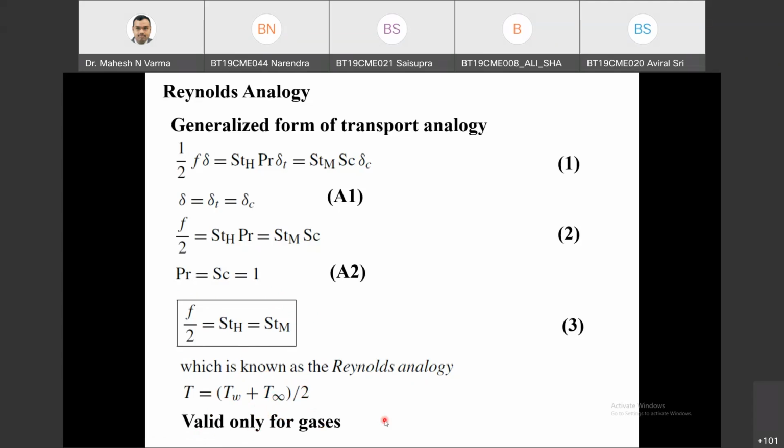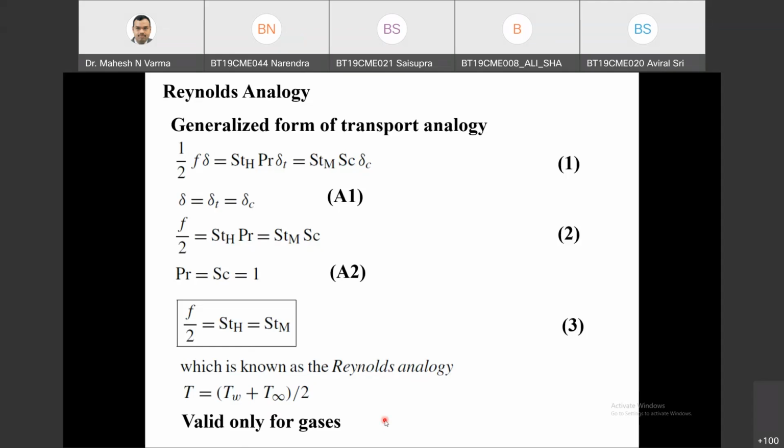Just knowing the analogy is not important. Now you know the Reynolds analogy, it doesn't mean that whatever calculation you are expert in for heat transfer, you can now do whatever you want in momentum transfer also. With the analogy you should know its limitations also, and that limitation comes from the limitation of the experimentation the researcher did, based on which observation he gave that analogy.